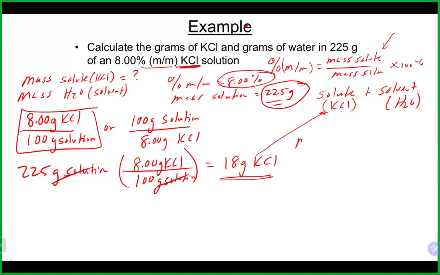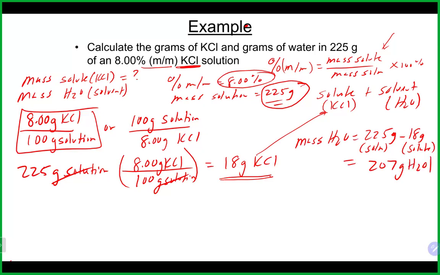So the mass of the water will equal our 225 grams, which is our solution, minus our 18 grams, which is our solute. And that's going to tell us about 207 grams of water was also needed. So basically 207 grams of water and 18 grams of the KCl gives us a total mass of the solution of 225 grams. Any questions on that?